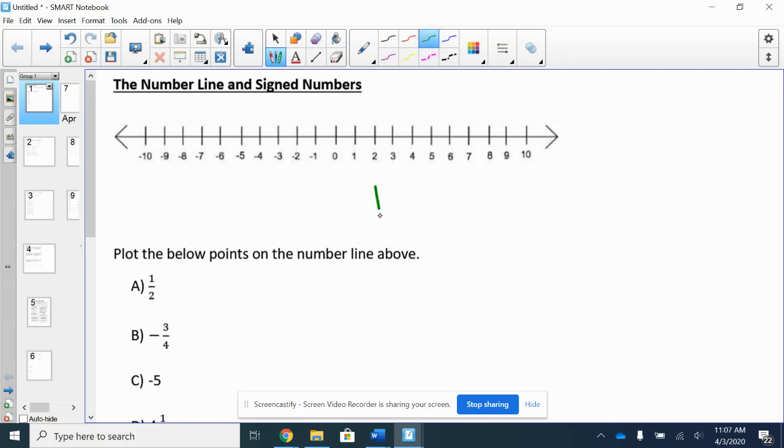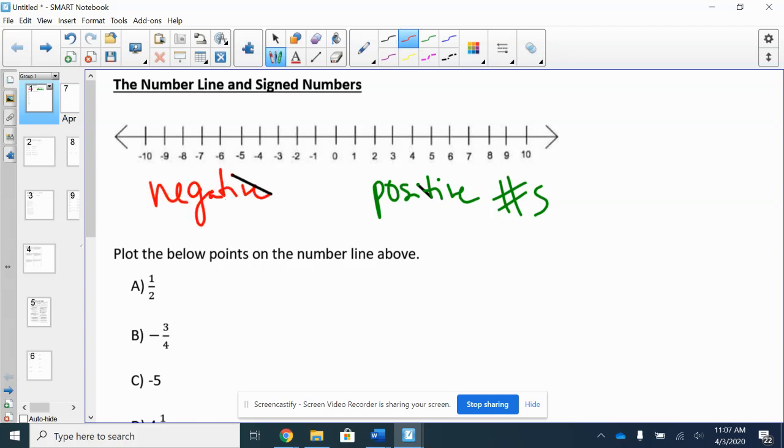All of our positive numbers are to the right, right? And all their opposites, all the negative numbers, are to the left. Negative numbers to the left. The number 0 here is just neutral, right? It's neither positive nor negative, okay, just neutral.